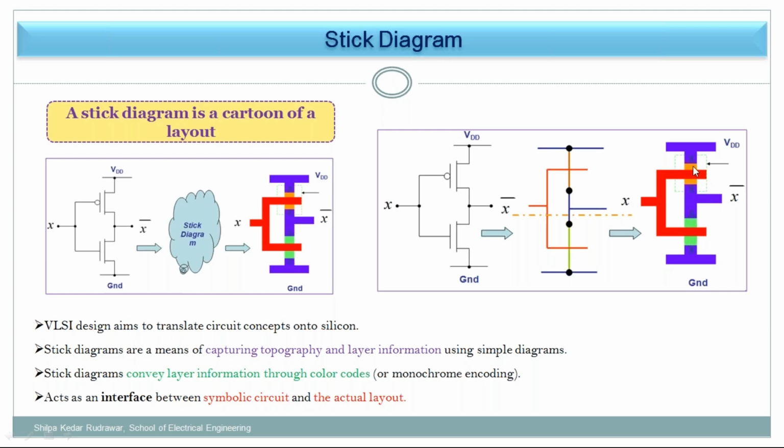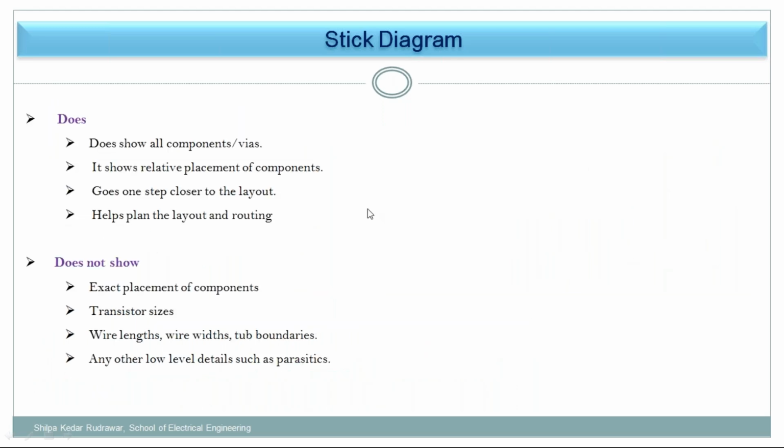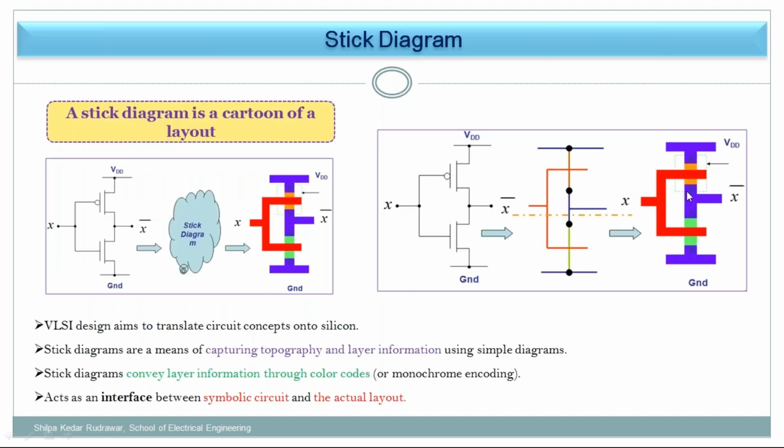So this is source, this is gate, and this is drain. And to connect that with your VDD, we have used this particular different metal. So it shows all components: this is one component and this is the second component, which is shown over here in the stick diagram. In the coming PPTs, you will understand it in a better way.